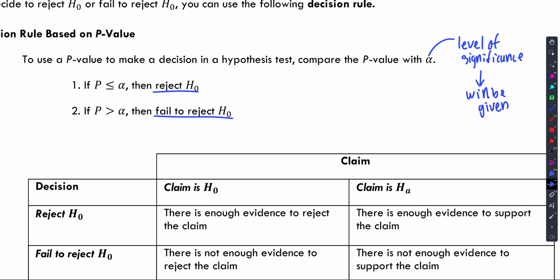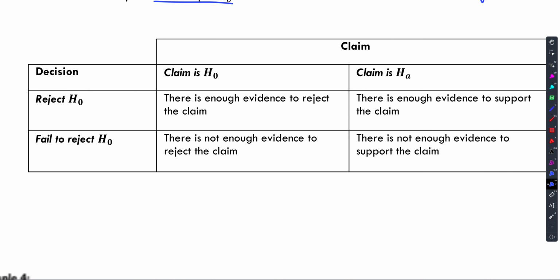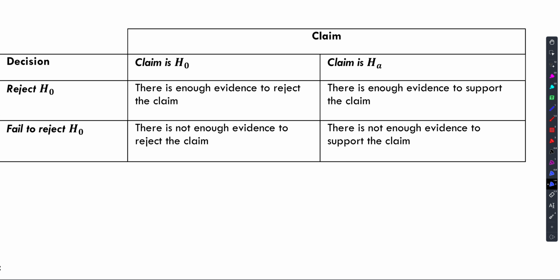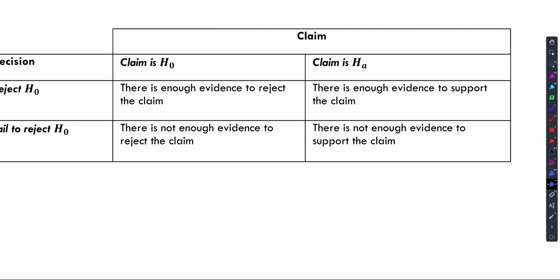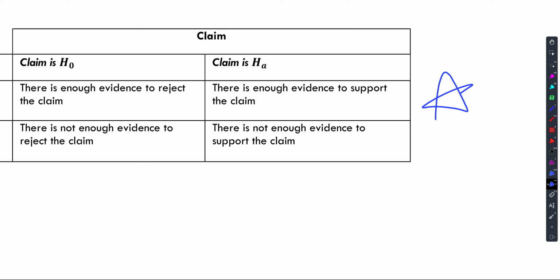Now we have to write our sentence that interprets the decision. There is specific wording that I'm going to want to see whenever you write your interpretation. This table, please put some big stars next to it, because I'm going to have you reference back to it throughout the rest of this chapter to help us know how to write our interpretation sentence.